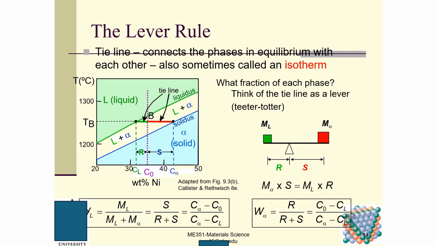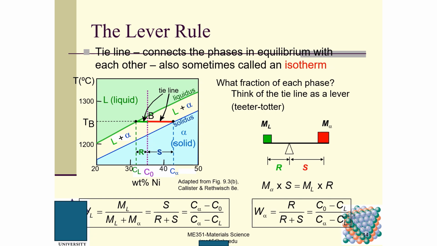Any questions so far? That means the shorter arm, okay? If this phase has a shorter arm, its weight percentage is higher.